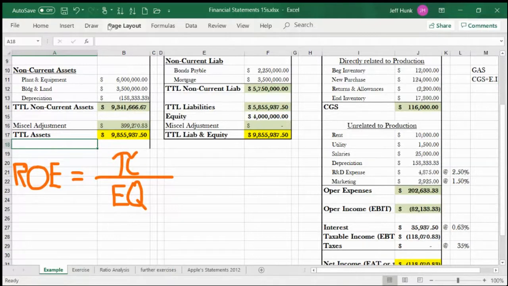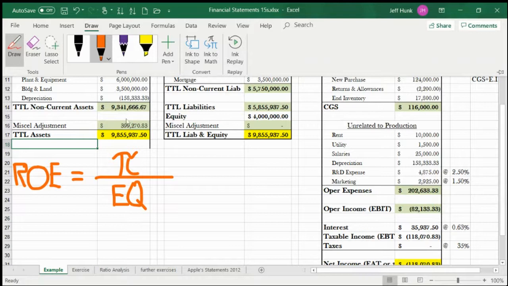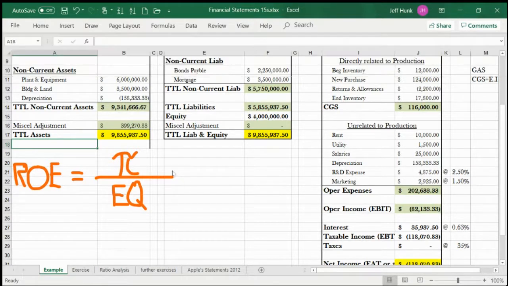Profit is also called EAT. Net profit is called EAT. I'll just keep writing like this: EAT over equity. Now, here's the thing.